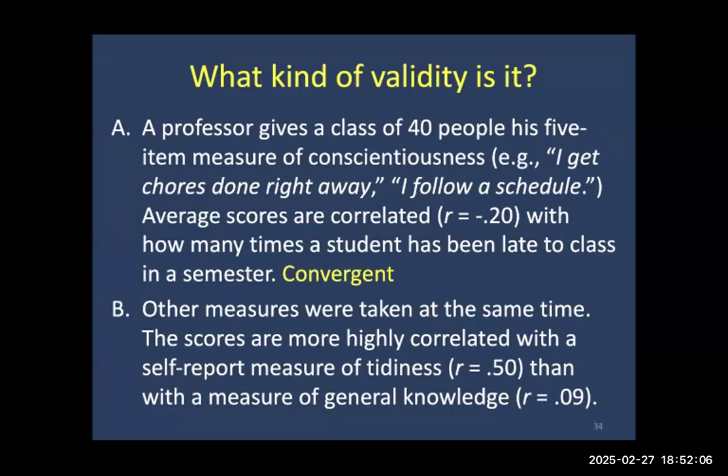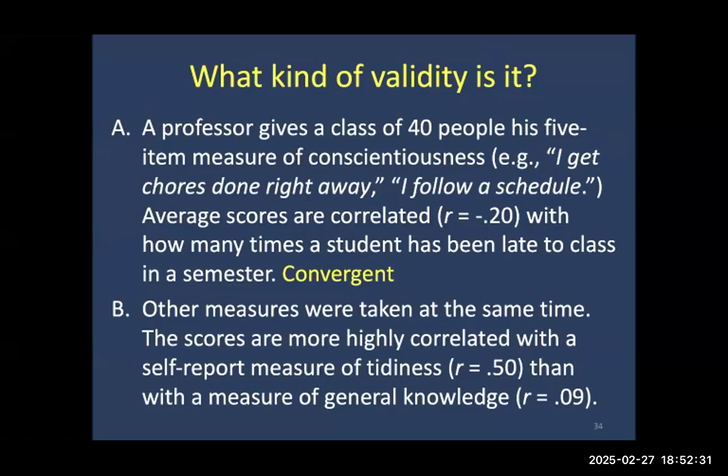So we have a survey measure and we have their behavior. Together, their behavior in conjunction with the score they got on conscientiousness helps support a conclusion we're drawing about these kids. That's convergent validity. We're taking different types of information and pulling them together to help us make a conclusion.